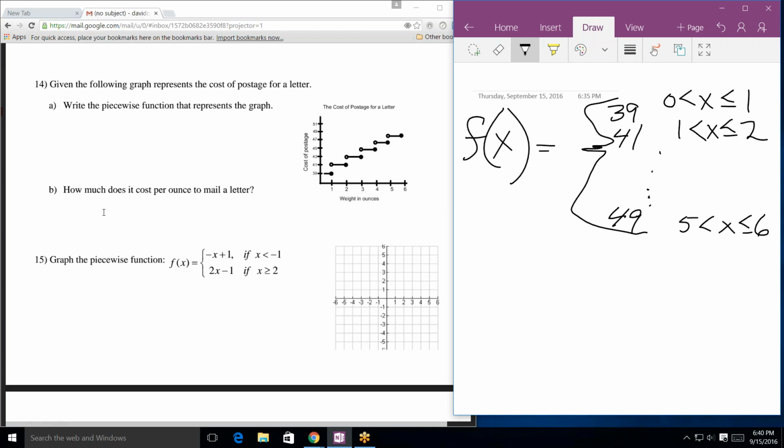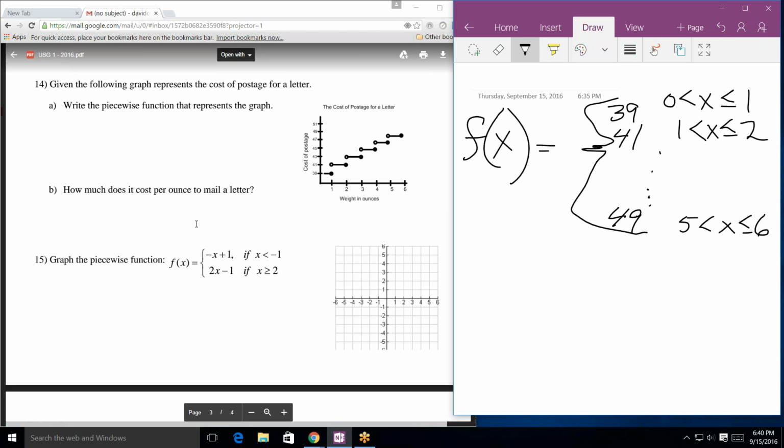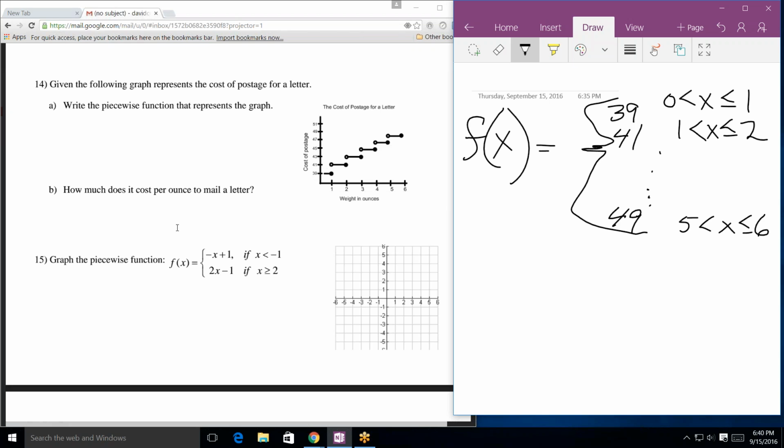So the answer to this is it depends on the weight. And that is the correct answer. I don't know if it was a typo, if he meant to ask that question. It's an odd question. Maybe he meant to ask it and he wants people to know that you can't come up with a per ounce cost.